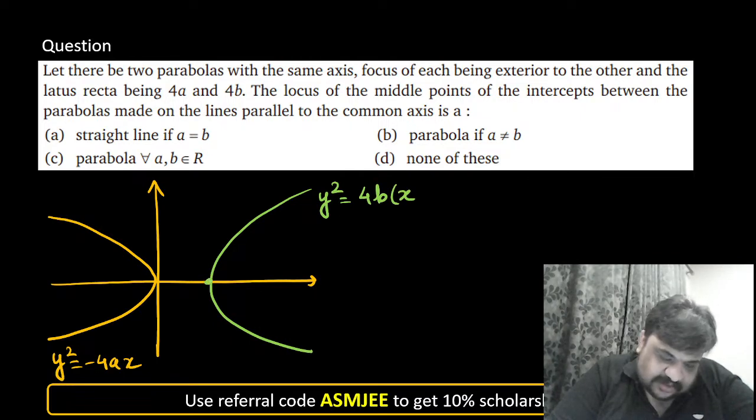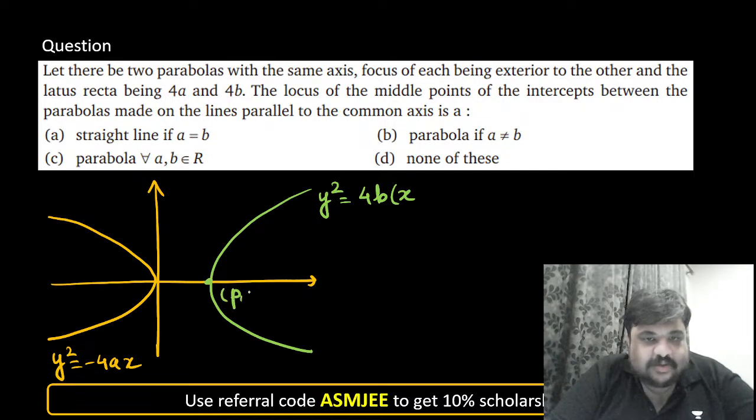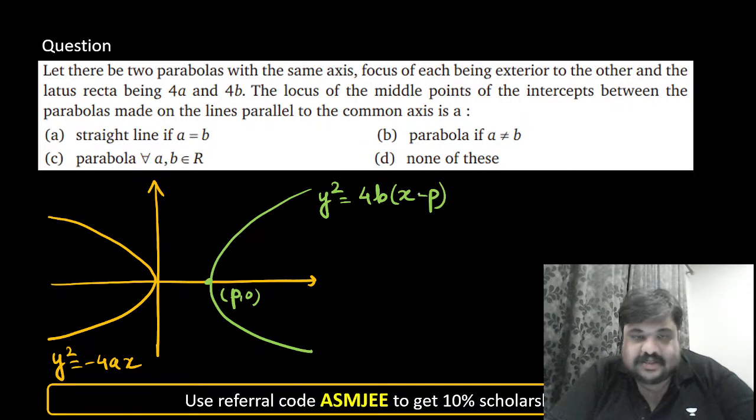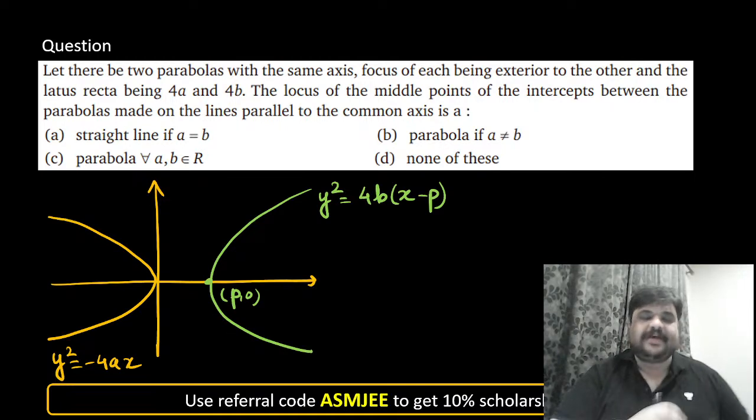We need to take this point as some (p, 0), and note that p is a constant. So these are the two parabolas we have taken.